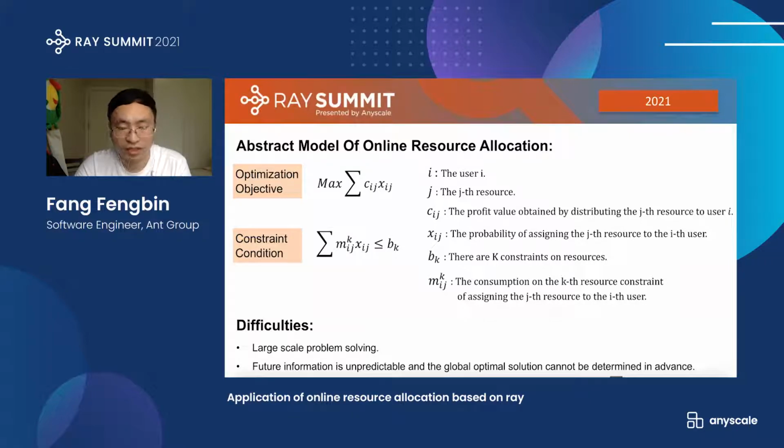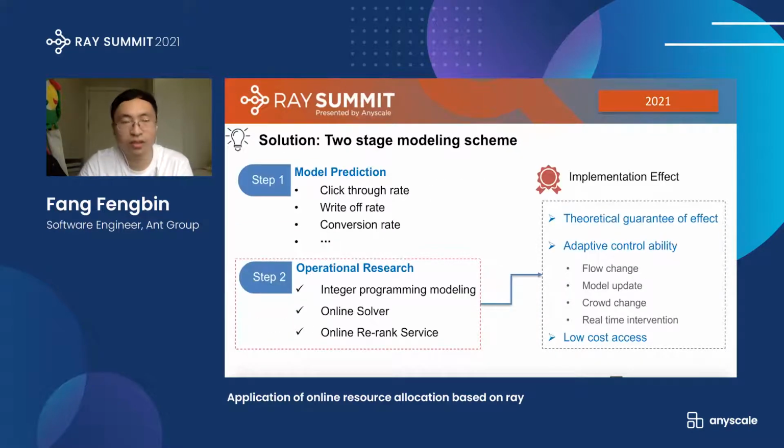The second difficulty is that the future information is unpredictable and the global optimal solution can't be determined in advance. Next, we will introduce the overview solution. We provide a two-stage modeling scheme.